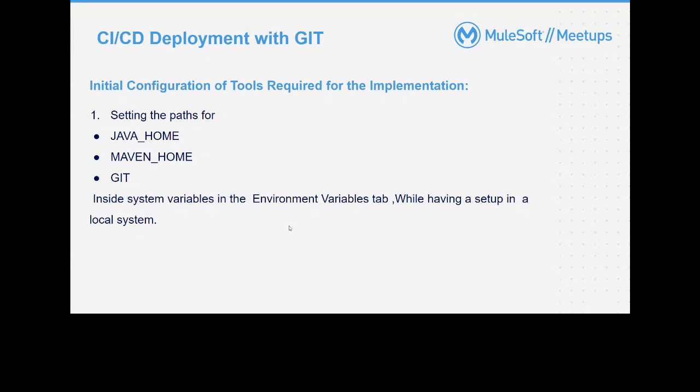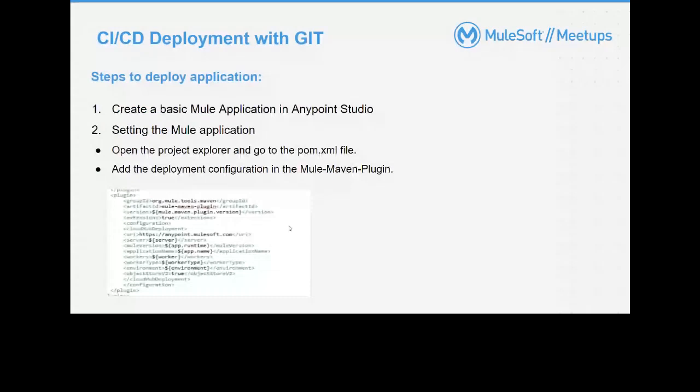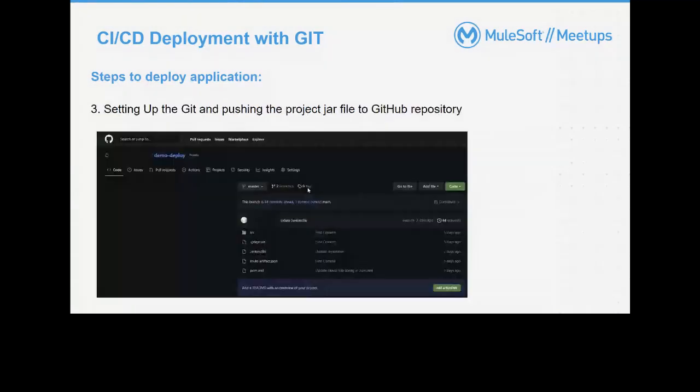Next, let's start with the steps for the demonstration. Firstly, we'll create a basic Mule application in Anypoint Studio. Then inside the POM file, we will add the deployment configuration, which I will explain in the demonstration. The third step is to push our project files to the repository.